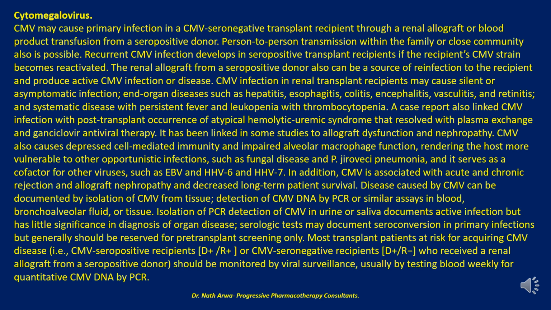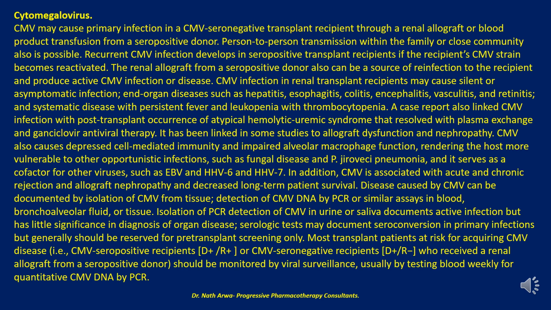A case report also linked CMV infection with post-transplant occurrence of atypical hemolytic uremic syndrome that resolved with plasma exchange and ganciclovir antiviral therapy. It has been linked in some studies to allograft dysfunction and nephropathy.